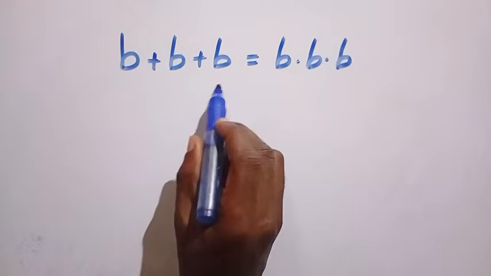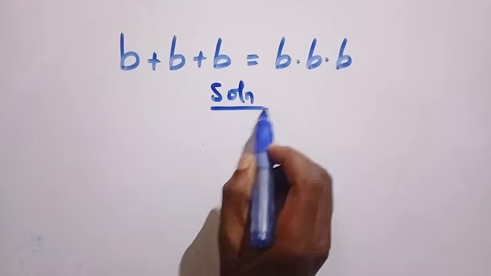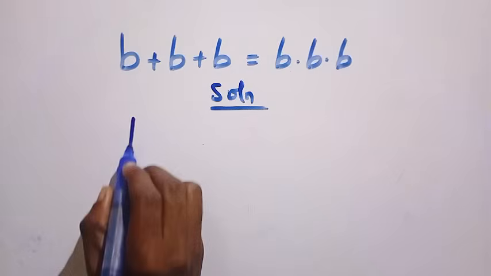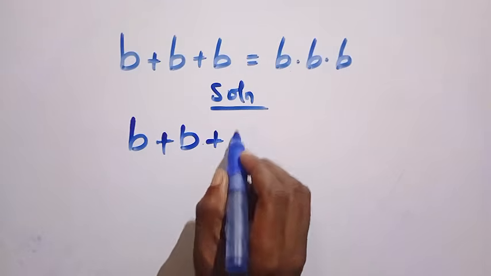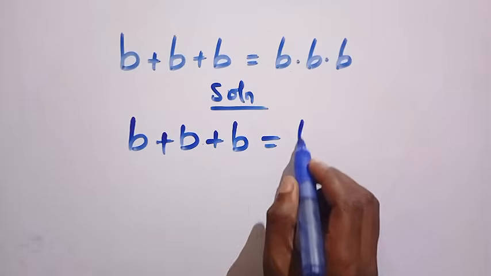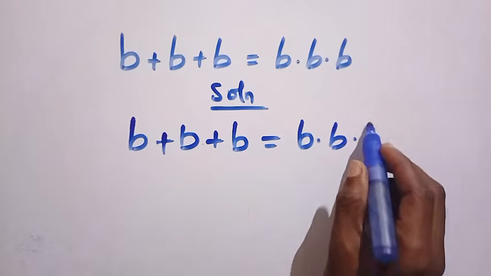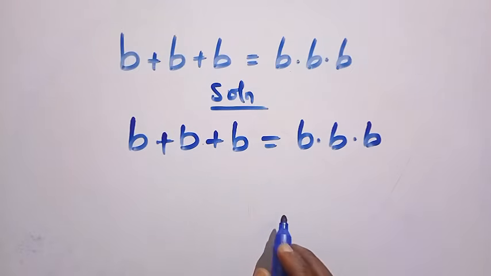So let's get into solving this. From the given question, we have b plus b plus b equals b multiplied by b multiplied by b.